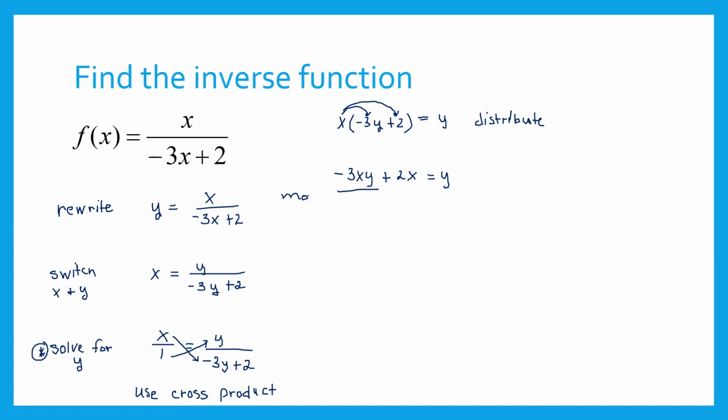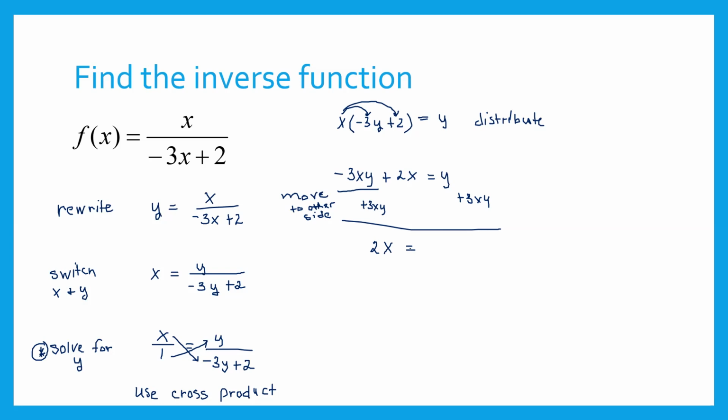So move this one to the other side. And so because it is currently positive, what I'm going to do is add 3xy to both sides. And so the 3xy, the negative 3xy cancel, so I have 2x.